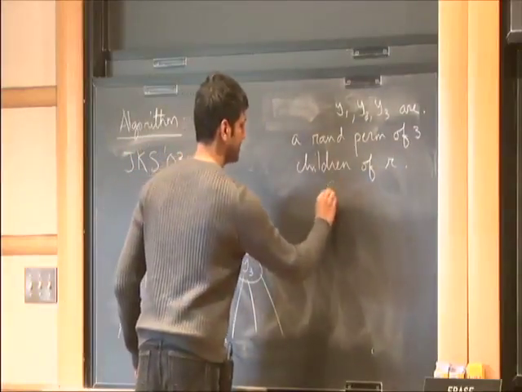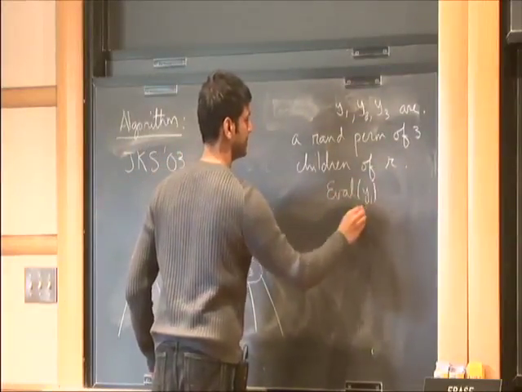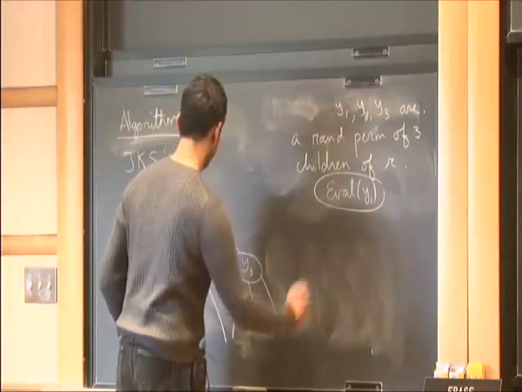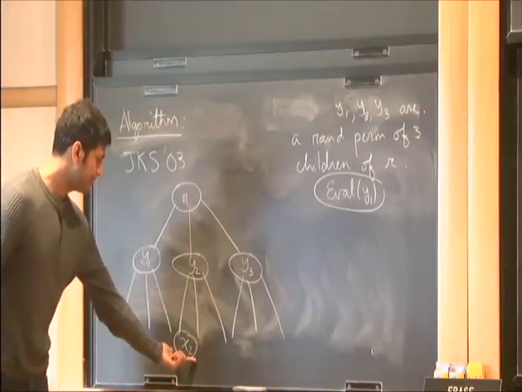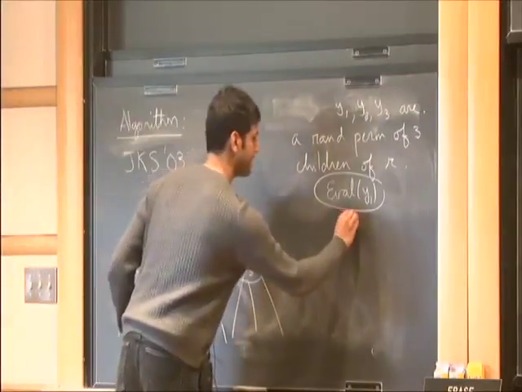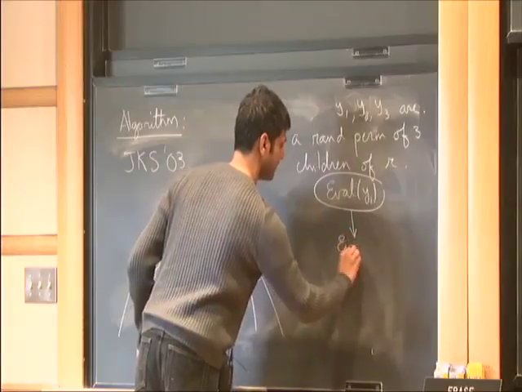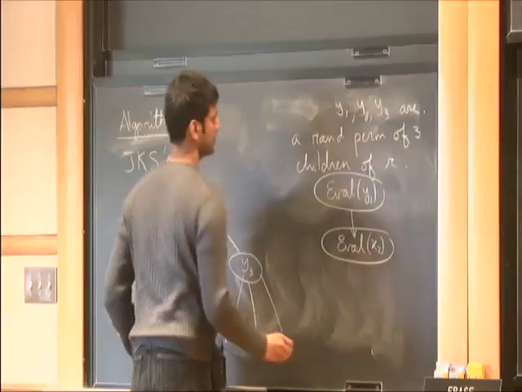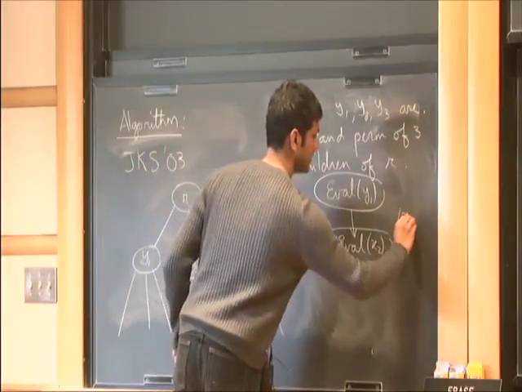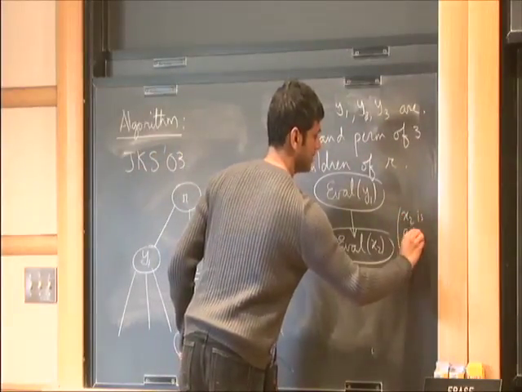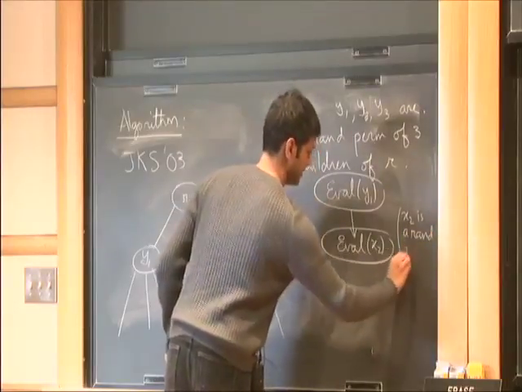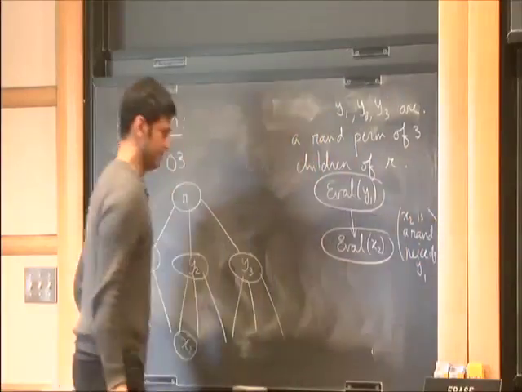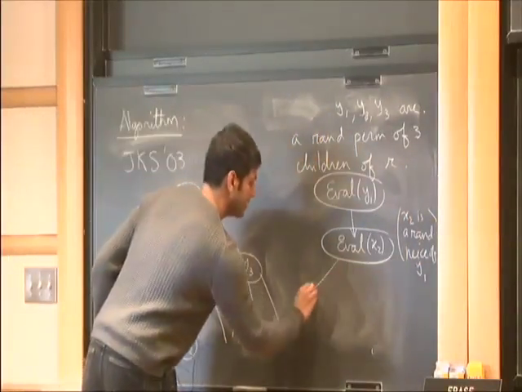You evaluate y1, and then you evaluate a random child of y2. So here, this is a random, let's say, niece. And there are 2 cases.